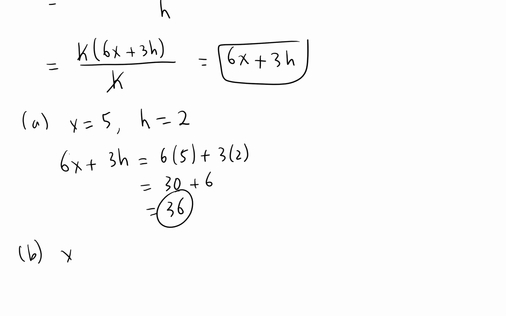What about if I keep x the same, but I make h smaller? Say h equals 0.1. Try to find what that is going to give us. Same thing, if x is 5 and h is, let's make it way smaller, like that. What would be the difference quotient value?